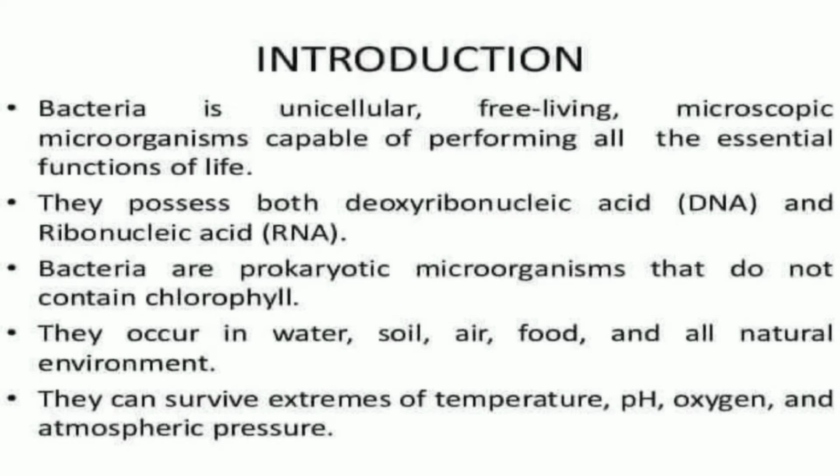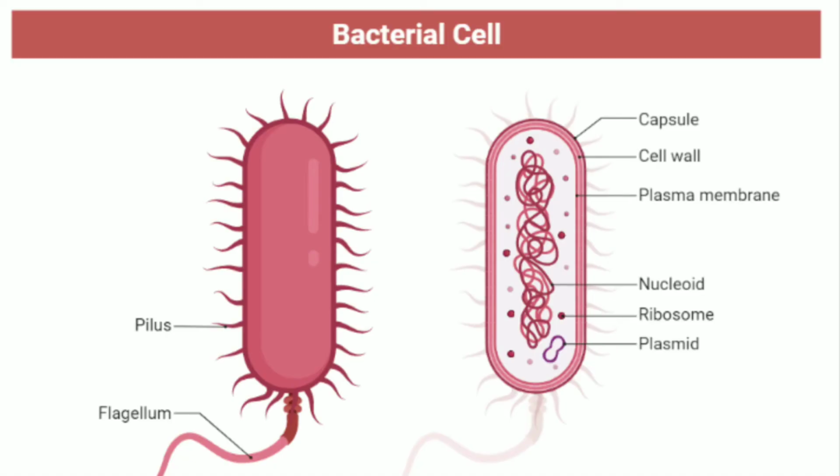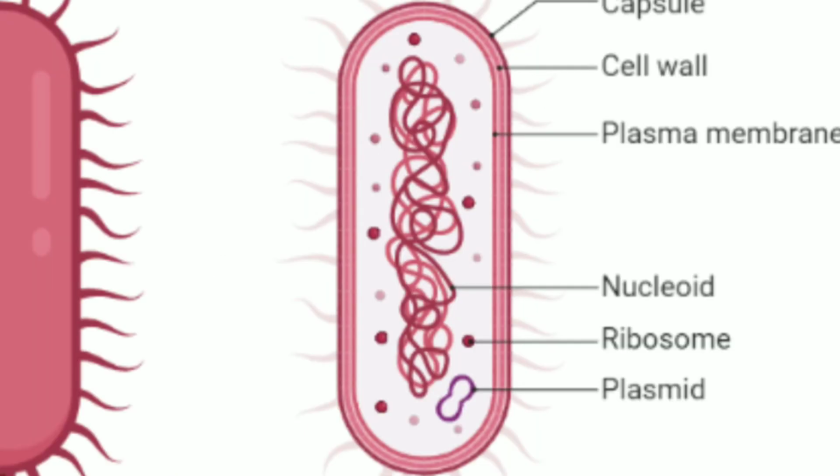Bacterial cells are very small, single-celled organisms, often no more than 0.01 millimeter in length, and they can be seen only at high magnification under the microscope. At lower magnification, we cannot see them clearly or properly.